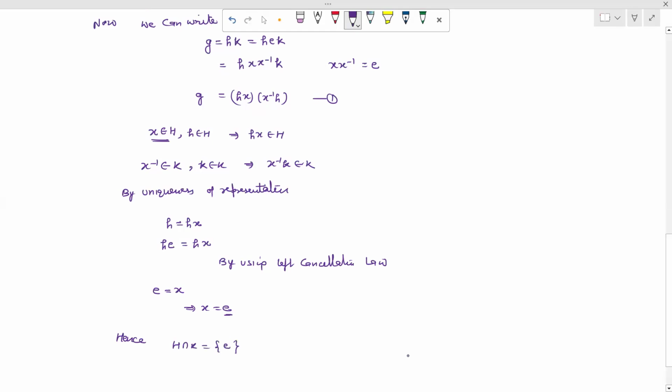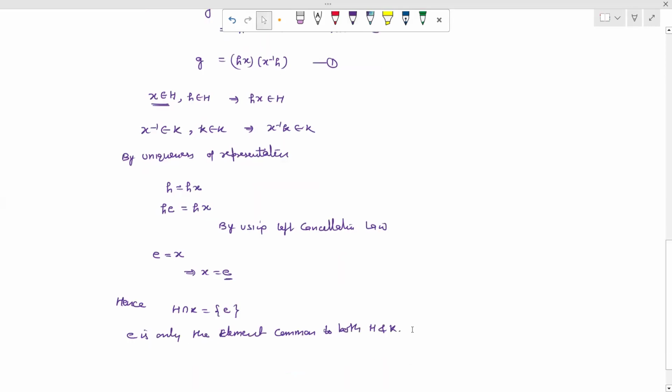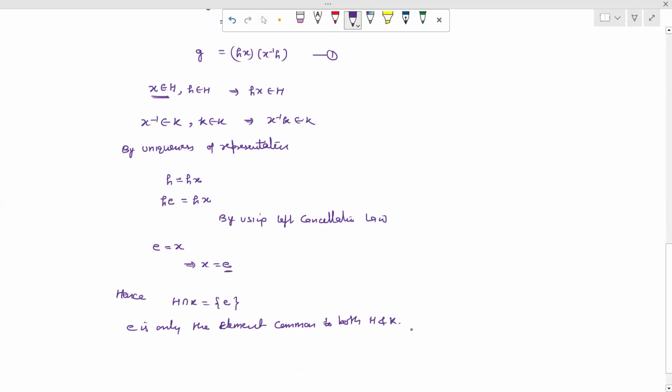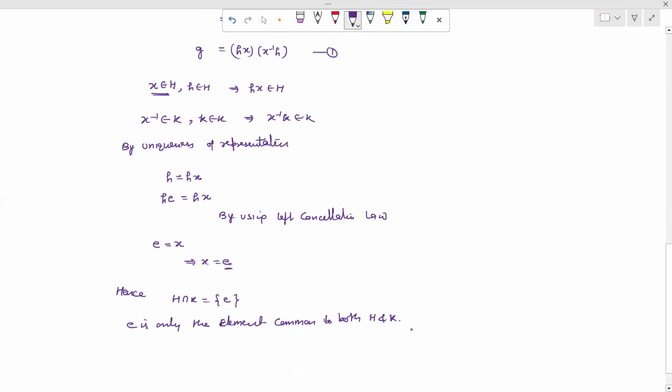So it means that e is the only element common to both H and K. So this is our first part.